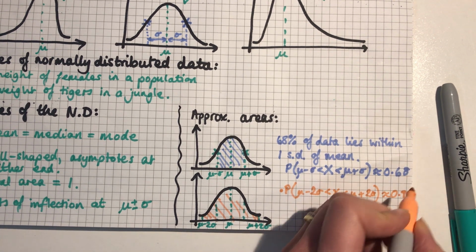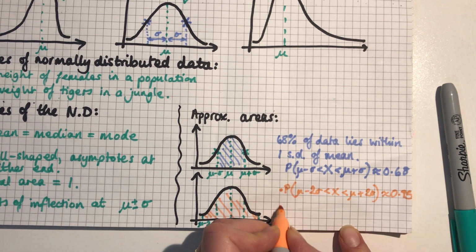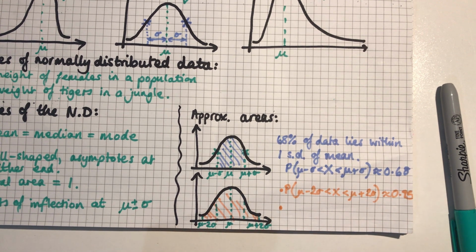And finally, there's one more which I won't draw for you, but in the same vein, if you go 3 standard deviations either side of the mean, you've nearly got the whole lot, because obviously by that point our asymptote's getting very, very close to the horizontal axis.